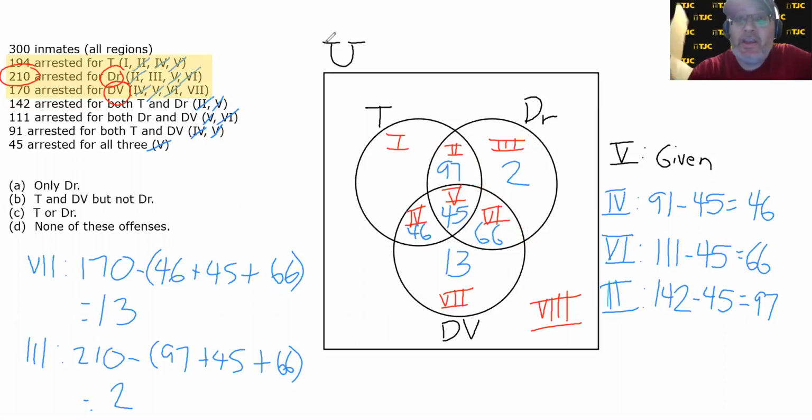And then, not making a judgment call, just referring to the statistics. For the T circle, that has to add up to 194. And the T circle is right here.